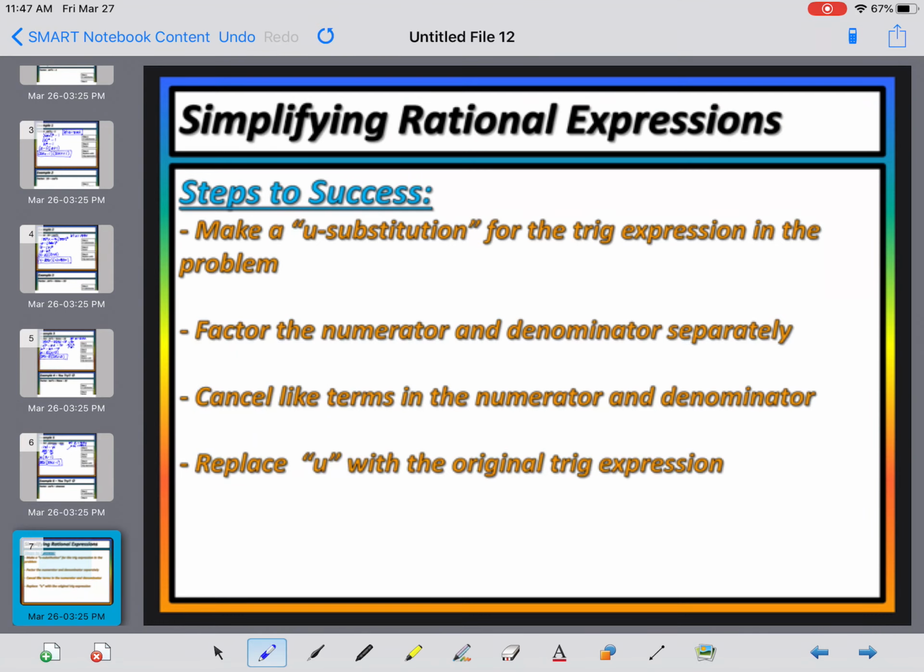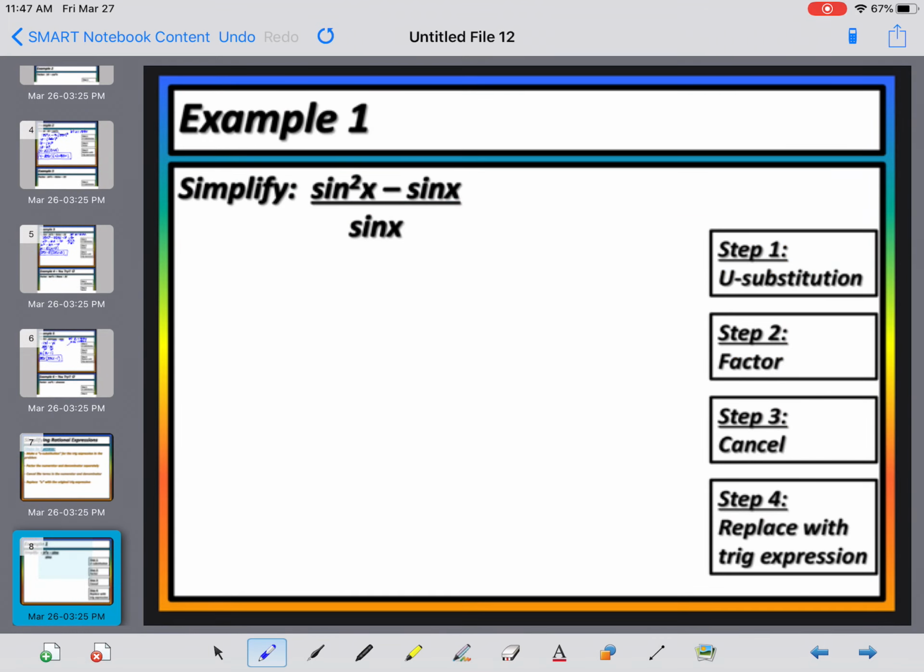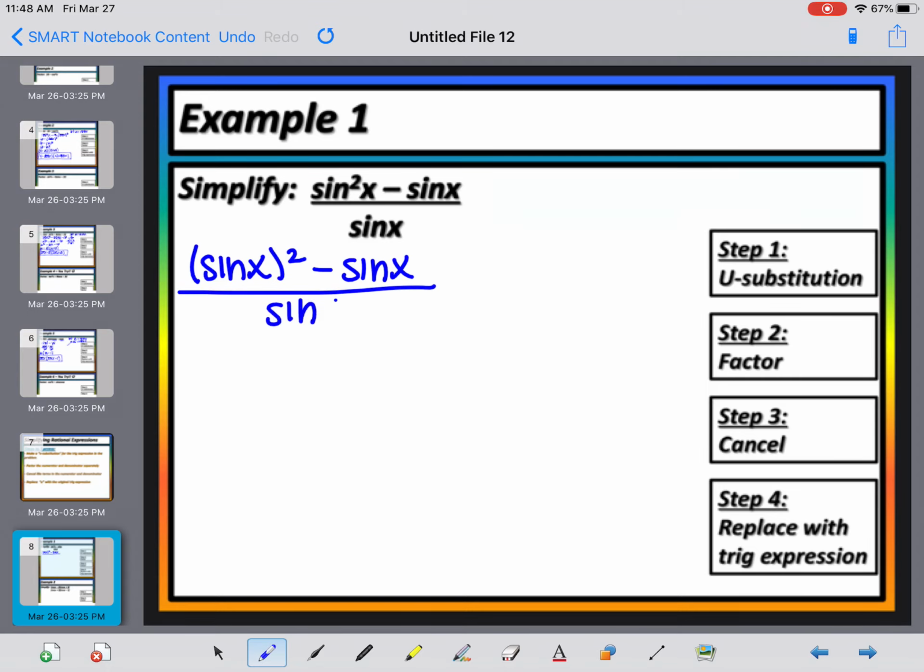Now we're going to use this u substitution to simplify rational expressions that are written using trig functions. We're going to do the same thing that we were just doing, except now there's going to be some simplifying. I like to swap this out before I start, my sine squared x. So let u equal sine of x.